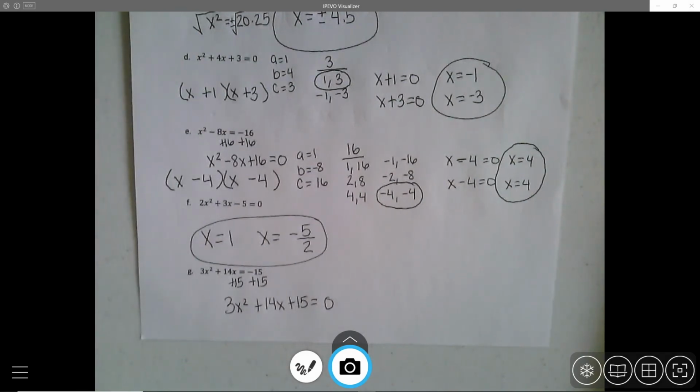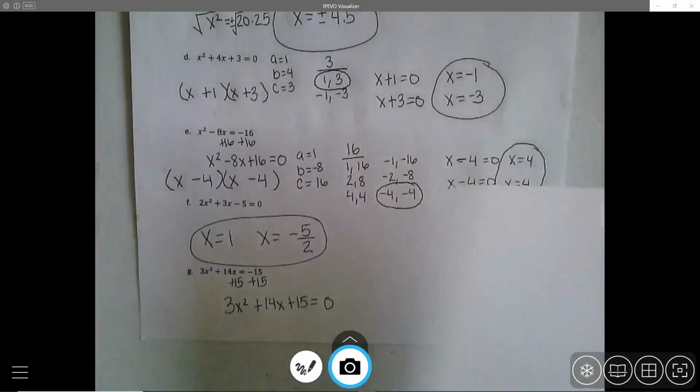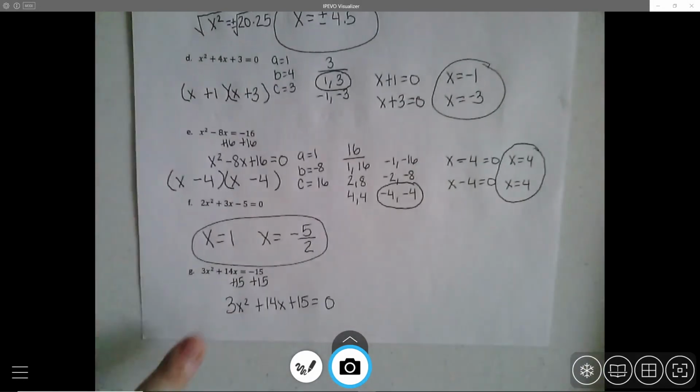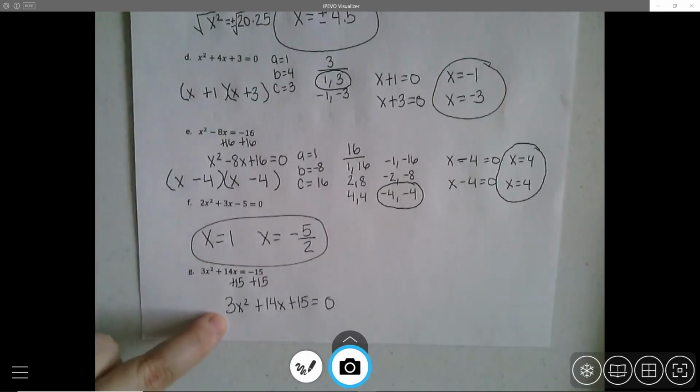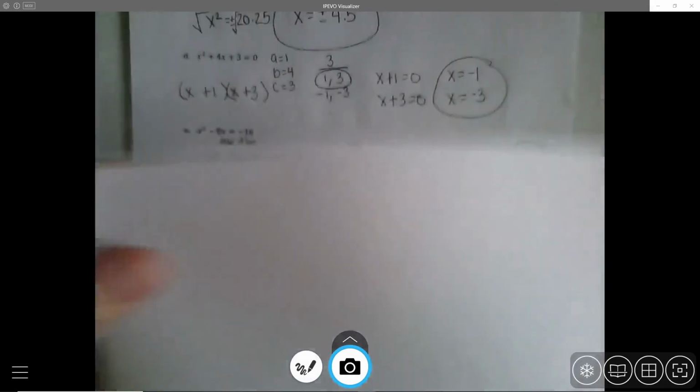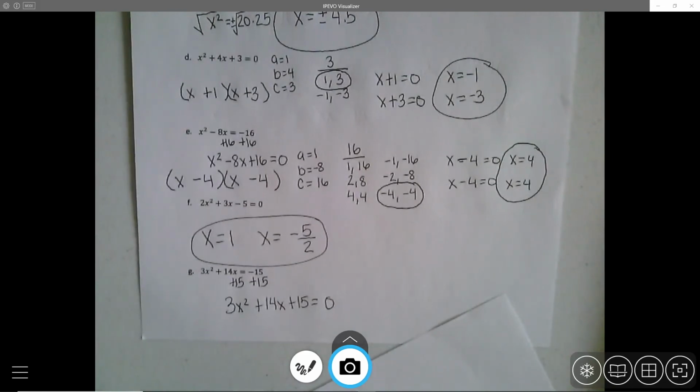Okay, there is no GCF. 3, 14, and 15 only have a 1 in common, and not all of them have an x. So this is just like f. Your first term is not 1. So just like the last problem, I'm going to bring out another piece of paper just so we have enough space to do this problem.